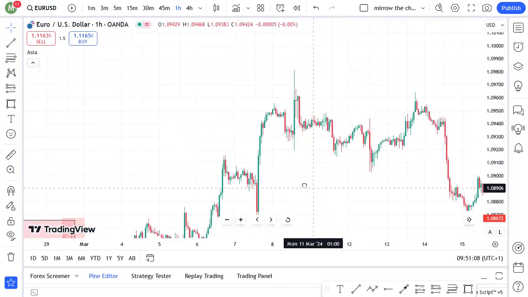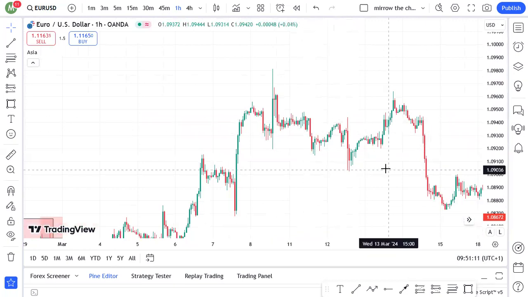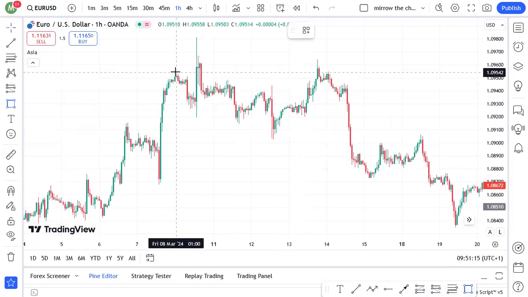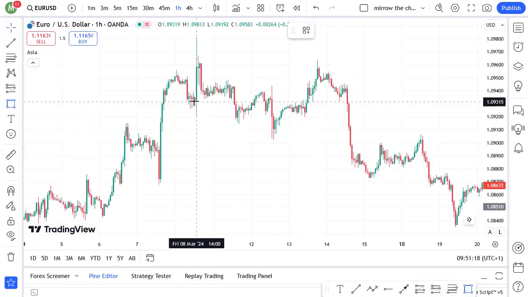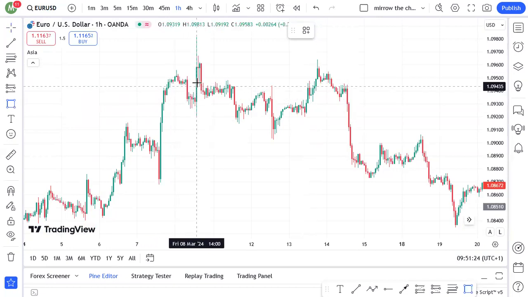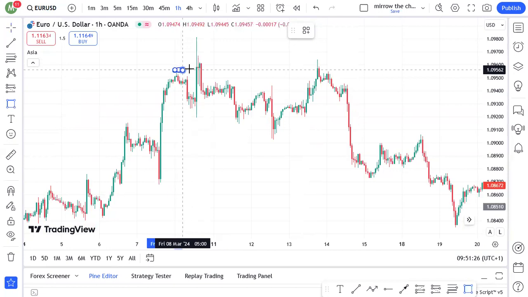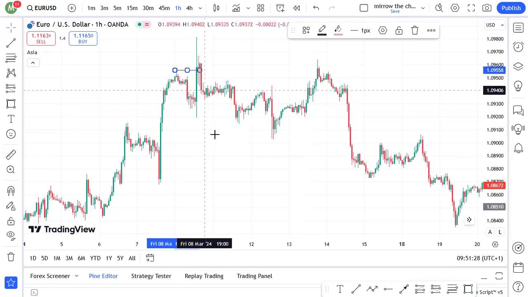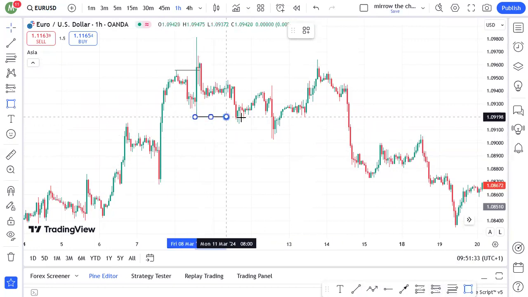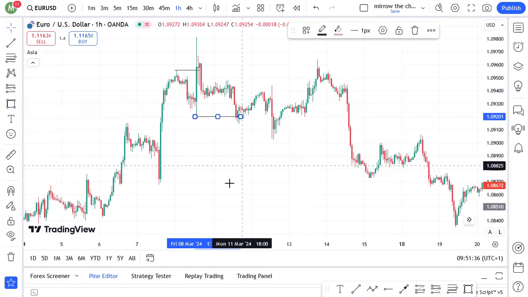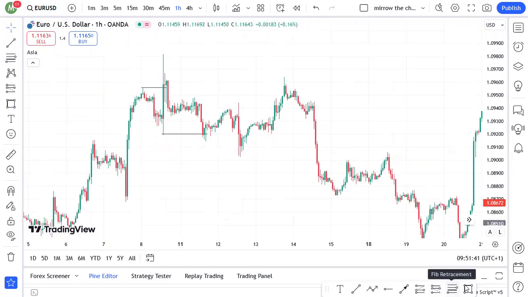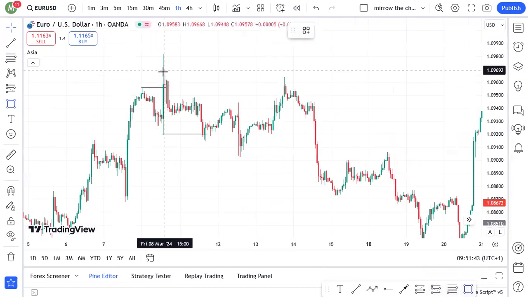If you see this guy, Friday opened here. And it took out its own high. So what did Friday do? Took out its own high and broke structure to the downside, signifying that all this bullish move has exhausted. Now you see, it left for us another block to work with.